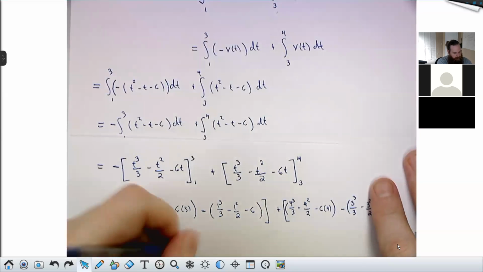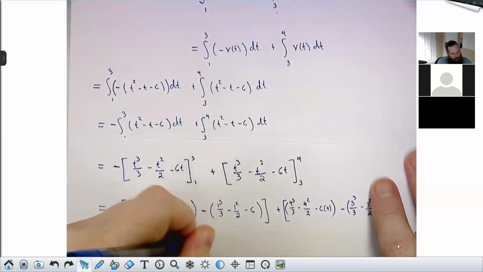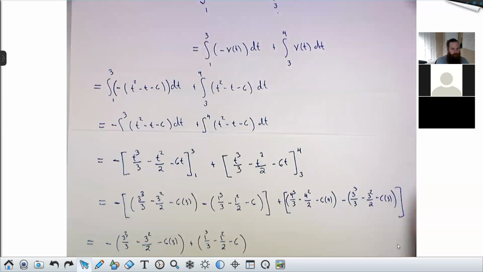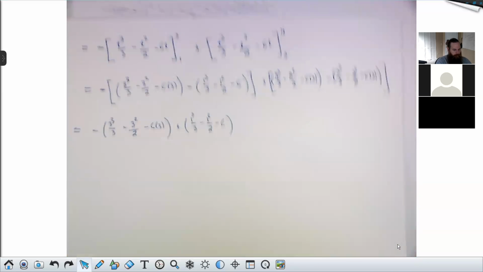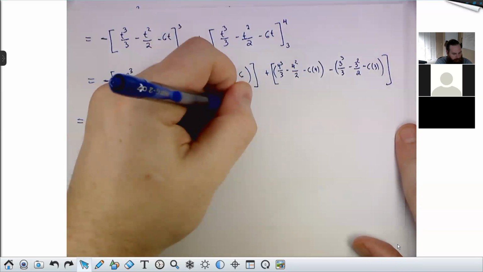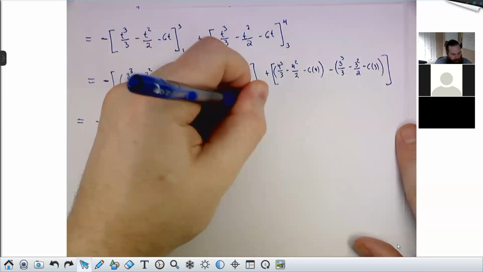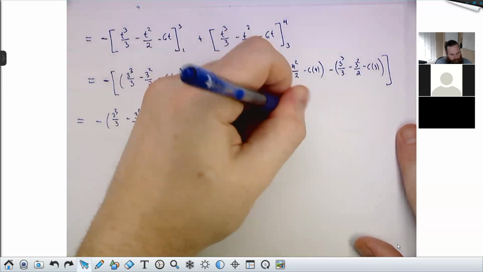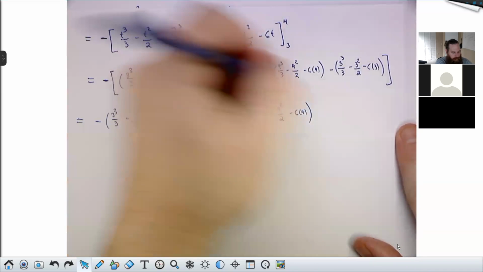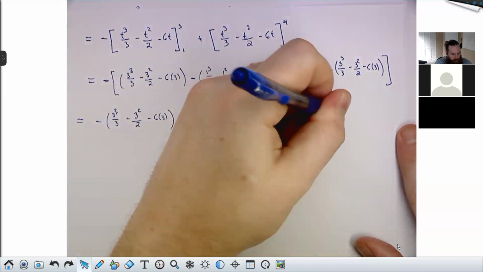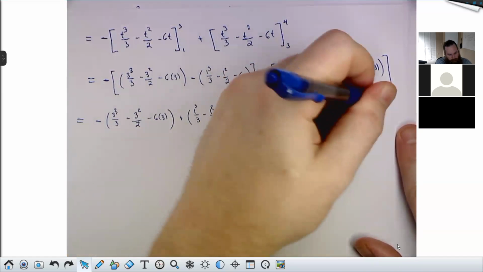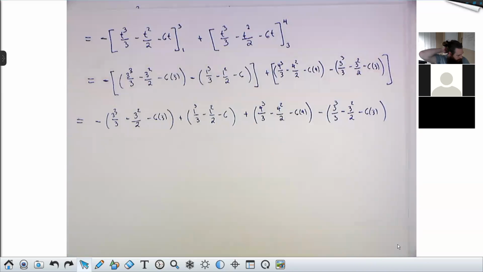Now this negative hits this piece, so that'll be plus 1 cubed over 3 minus 1 squared over 2 minus 6. And then these guys were already positive. I don't need to distribute anything here, so I've got 4 cubed over 3 minus 4 squared over 2 minus 6 times 4 and minus 3 cubed over 3 minus 3 squared over 2 minus 6 times 3. Negative. Let's see.